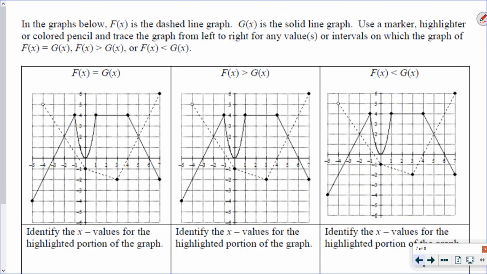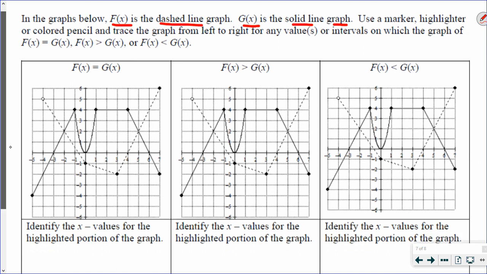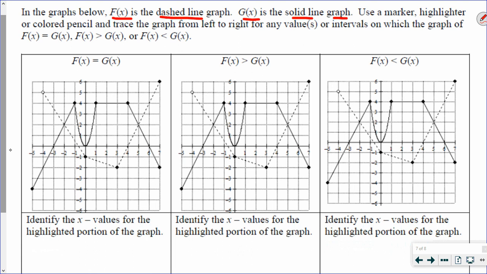Okay, so if we're comparing these two graphs, and again, f is the dashed graph, g is the solid graph, then notice that f starts when x equals -4 and ends when x equals 7.